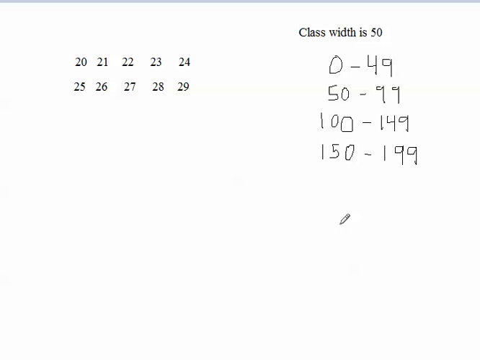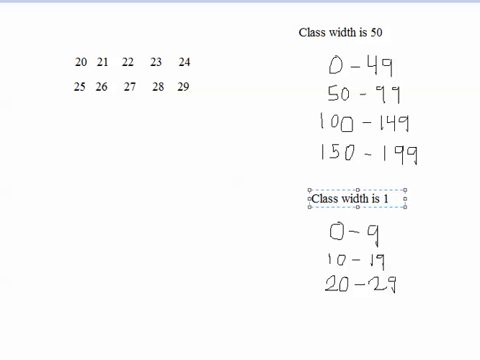And if we had this right here, the class width would be 10, because each interval covers 10 numbers. There's actually a formula that can give you the class width. What you have to do is choose one of the intervals. It can be any of the intervals.